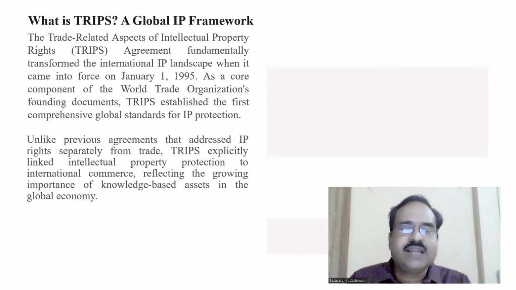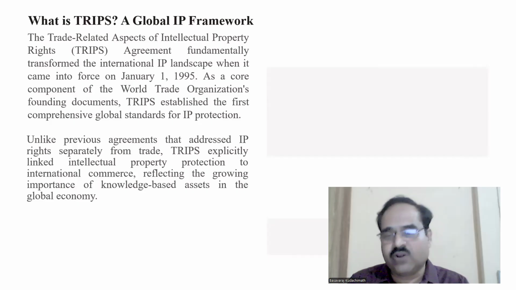Unlike previous agreements that addressed intellectual property rights separately from trade, TRIPS explicitly linked intellectual property protection to international commerce, reflecting the growing importance of knowledge-based assets in the global economy.